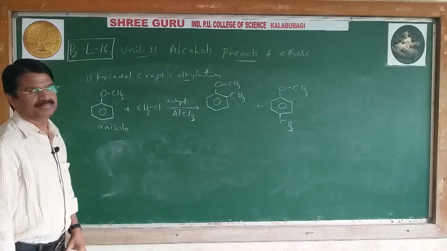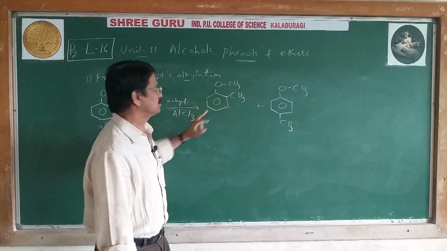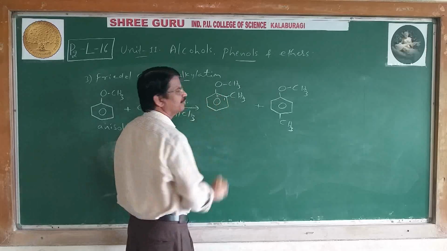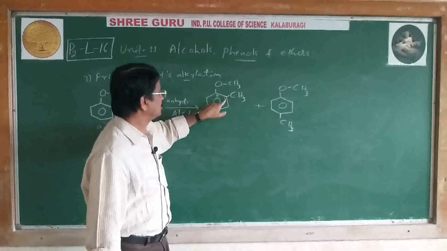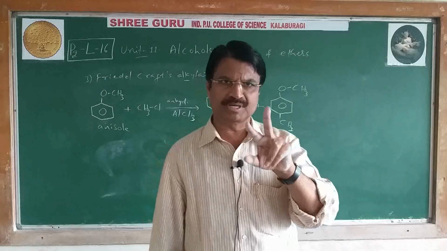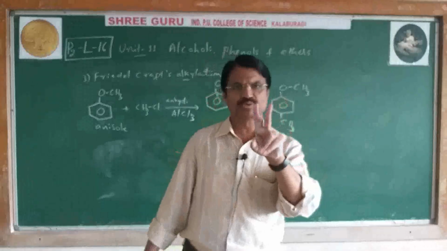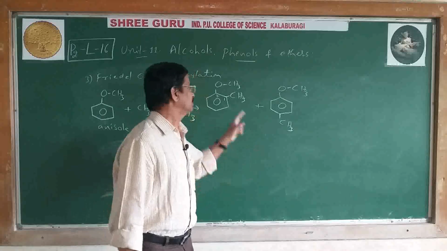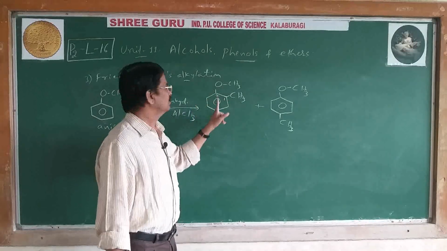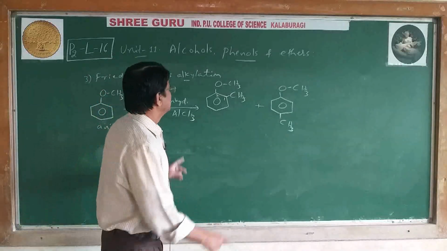Next, nomenclature. Here importance is given to the methyl group, not OCH3. Hence numbering from this. Don't write 1, 2. Means in bromination, bromine gets number 2, and in nitration, NO2 gets position 2. But here, the methyl group gets position 1. Methoxy, if you compare, is given higher preference on the aromatic ring in those cases.